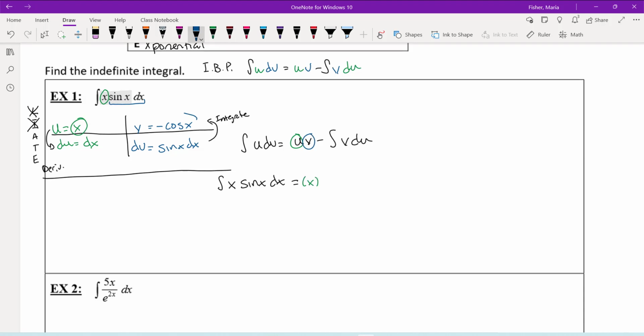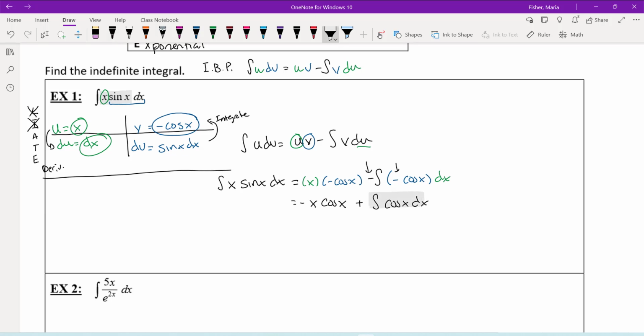Well, v is that negative cosine of x, minus the integral of v. V is still negative cosine of x. And then du. Well, du is my dx. Cleaning this up, I end up with negative x cosine of x, and then minus a negative is a positive, the integral of the cosine of x dx.